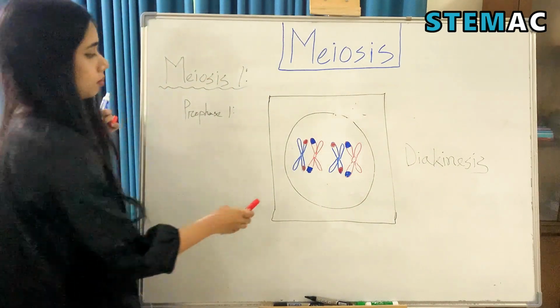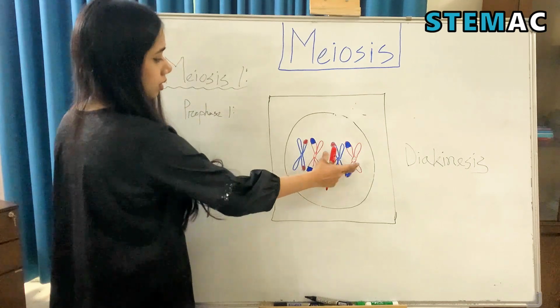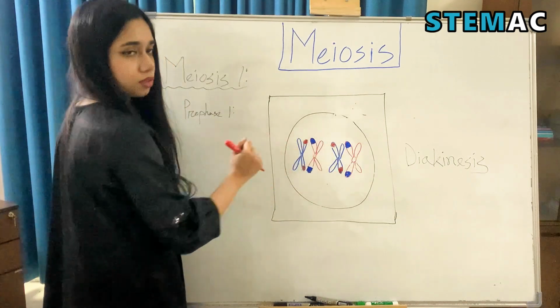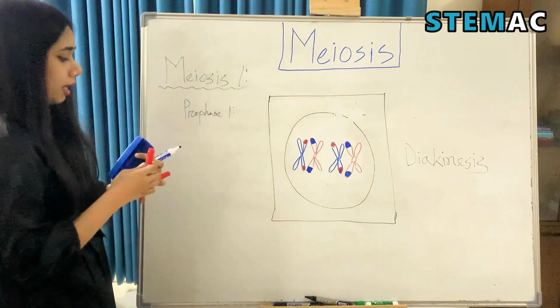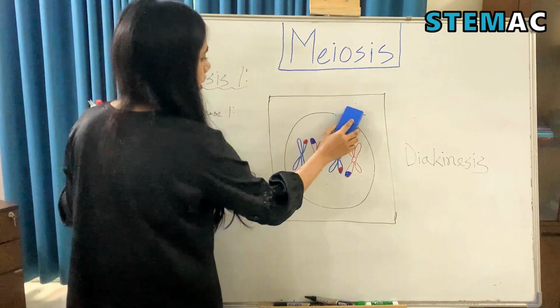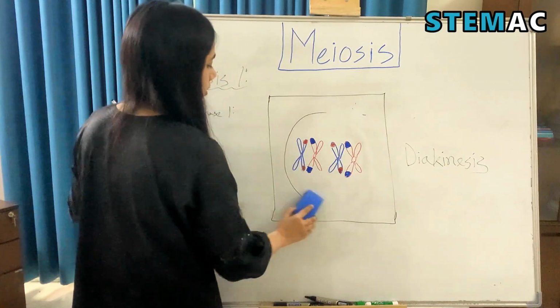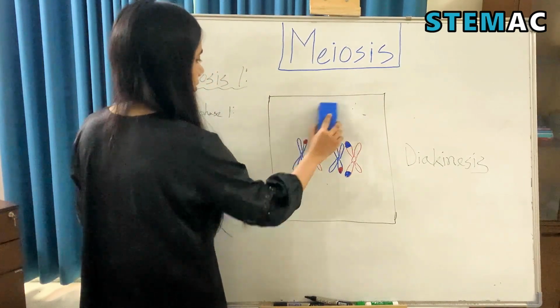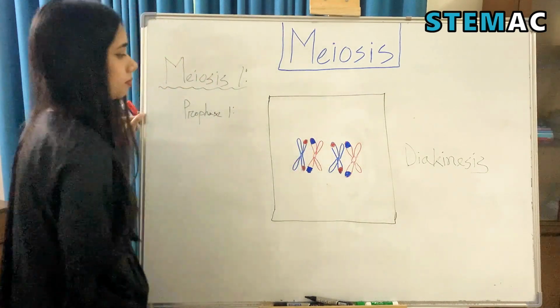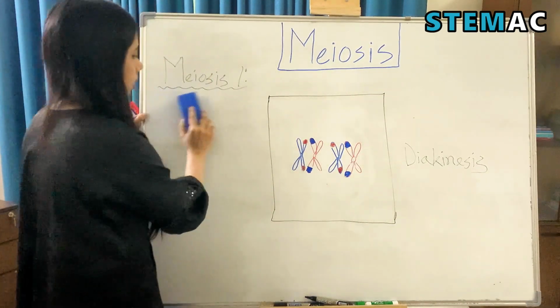We can see that due to crossing over, some genes have been exchanged between these homologous chromosome pairs. At the end of diakinesis in prophase 1, the nuclear membrane will also disappear. With this, prophase 1 will come to an end.